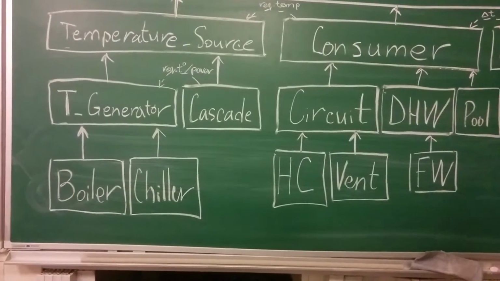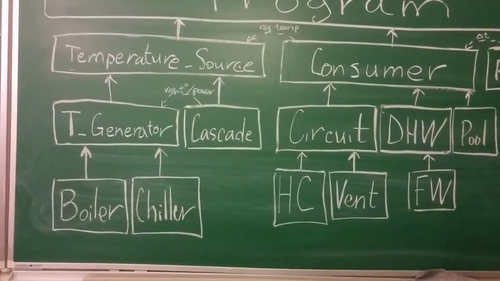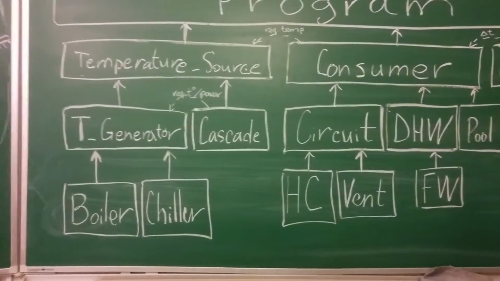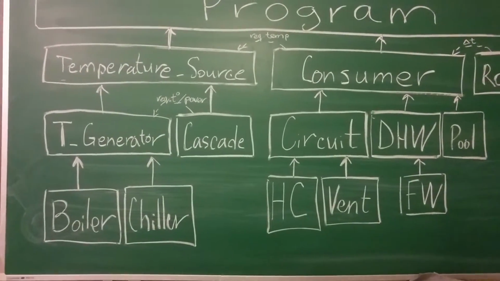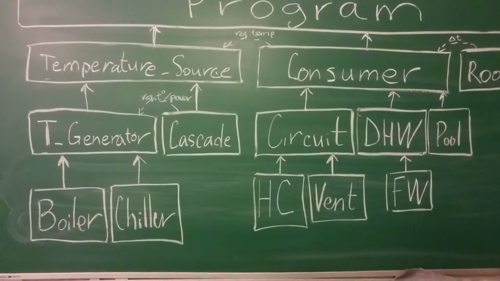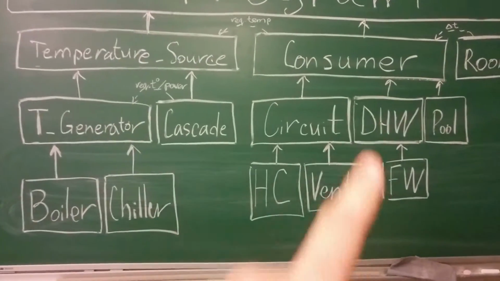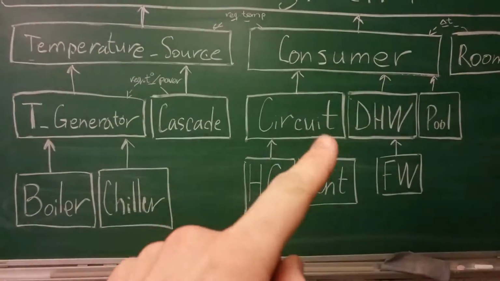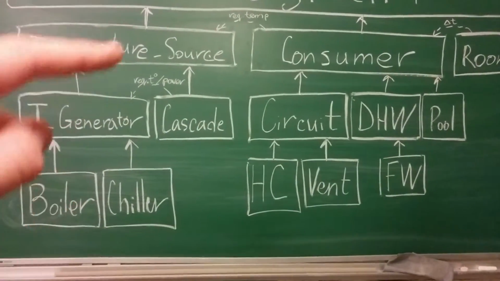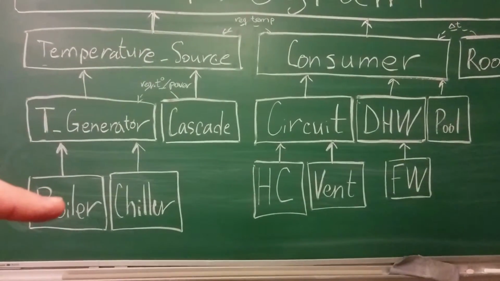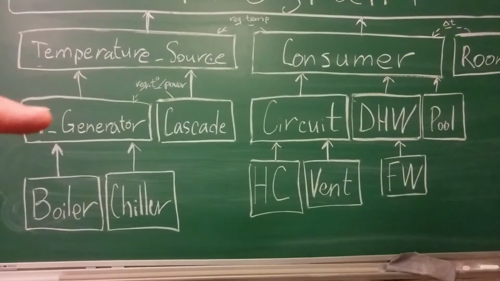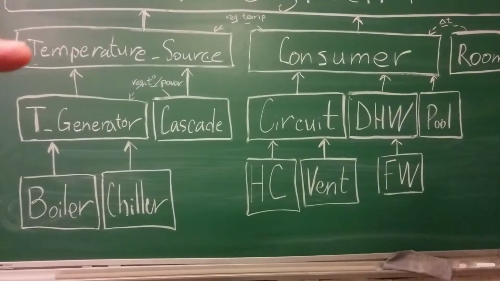So if your system has only one boiler, and it is the only one in your system, all the consumers talk to the boiler as a temperature source. So every boiler is already a temperature generator and a temperature source.